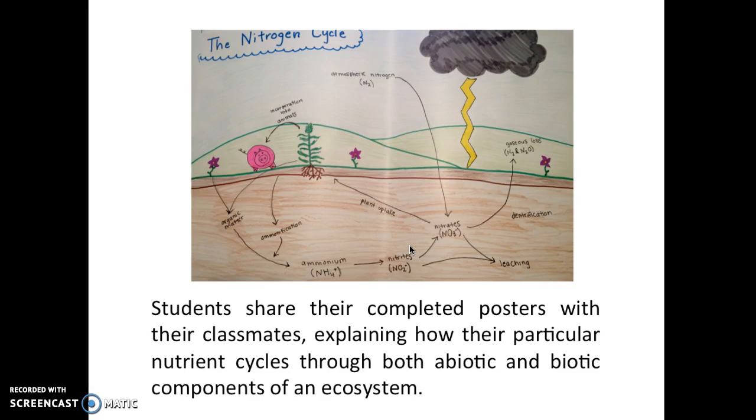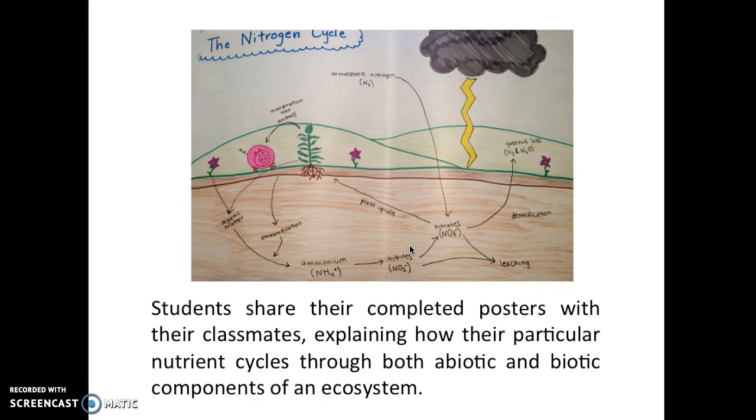And then that form is usable by plant material. Occasionally, a small percentage of nitrogen in the atmosphere, which is roughly 78% nitrogen, gets converted into nitrates by lightning.